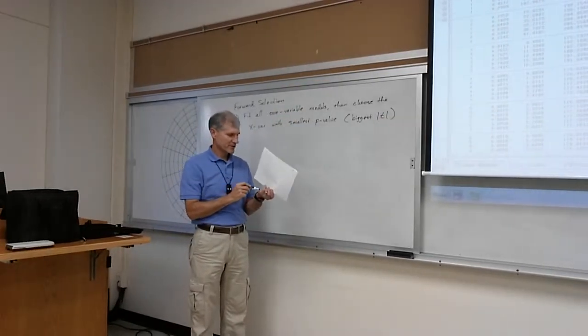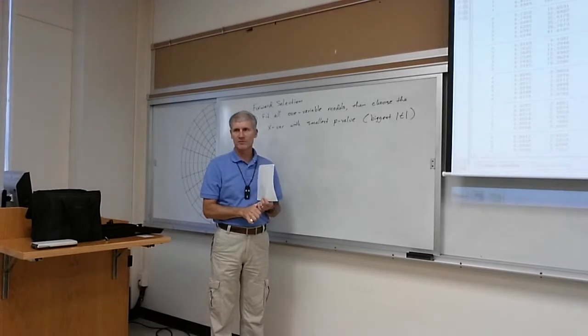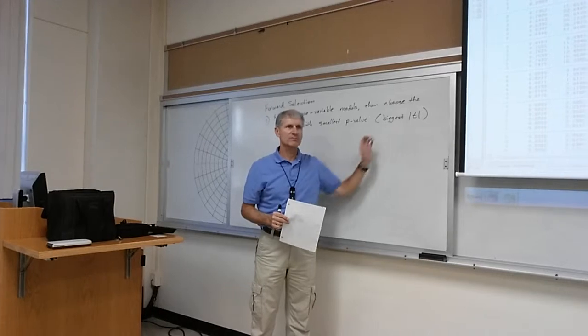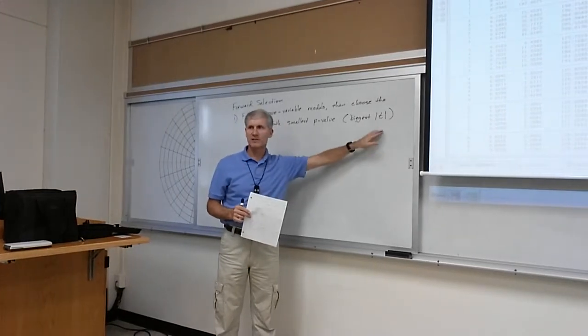If it's a one variable model, then the F statistic could also be used, but we'll just stick with the t. I put absolute values around it because with the t statistic it could be on the negative side or the positive side.